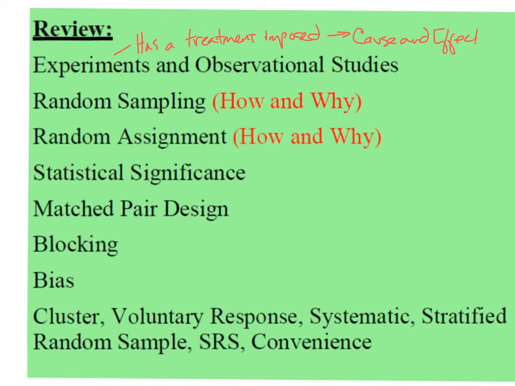Random sampling. Now, in both of these cases of randomness that you see here, random sampling and random assignment, the how is pretty easy, especially for the AP exam. You remember they have kind of this general way: how do we sample or how do we assign? We put everyone's name on an identical piece of paper, put it in a bucket, and draw the names out, and don't replace them until we have as many people in our sample as we need or until we've assigned all of our subjects.